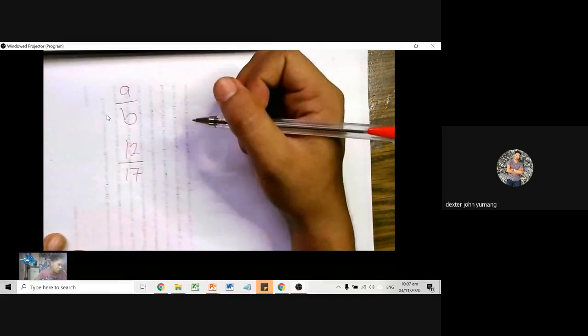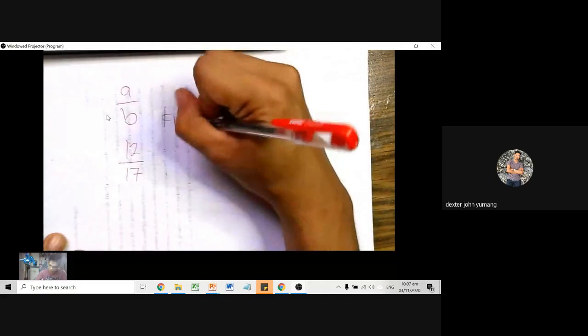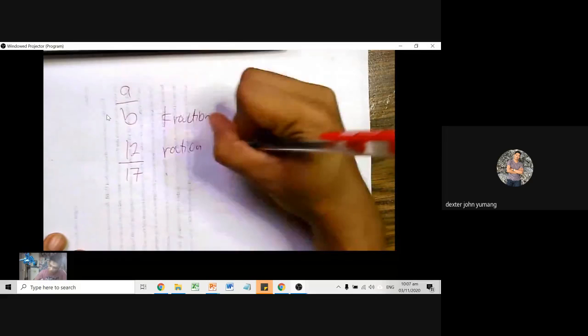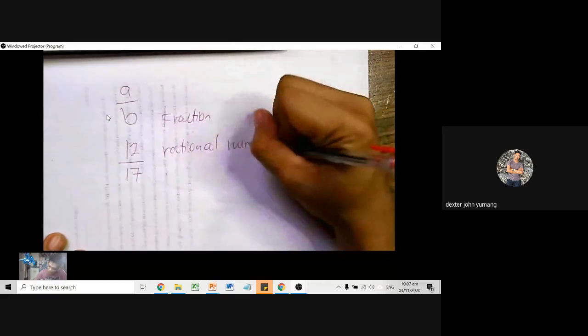Same with Carl. Fraction daw yan. Chester, Matthew. The same, yes. Maria, yes din po. So the answer here is 12 over 17. This is a fraction. So this is a rational number. And all fractions are rational numbers.